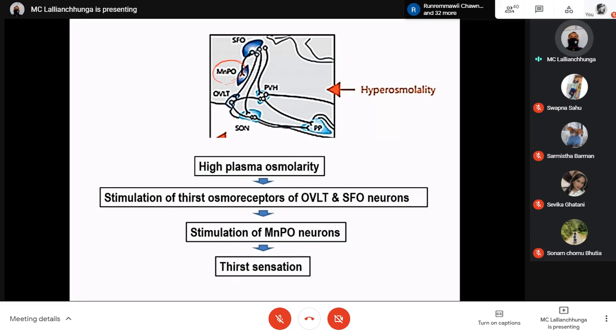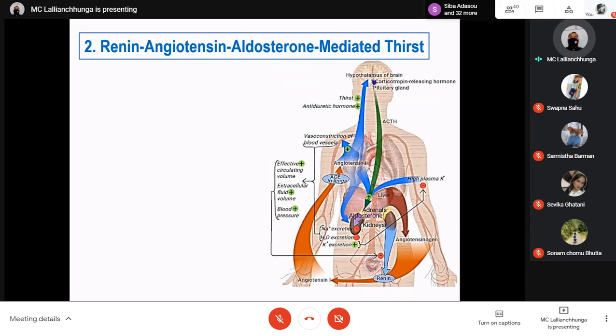Thirst sensation will be manifested. But as I told you, this is just a theory. Actually, there is no clear evidence regarding whether this is exactly causing the thirst sensation. But scientists are assuming that stimulation of MNPO neurons is causing thirst sensation. So that is the first theory.